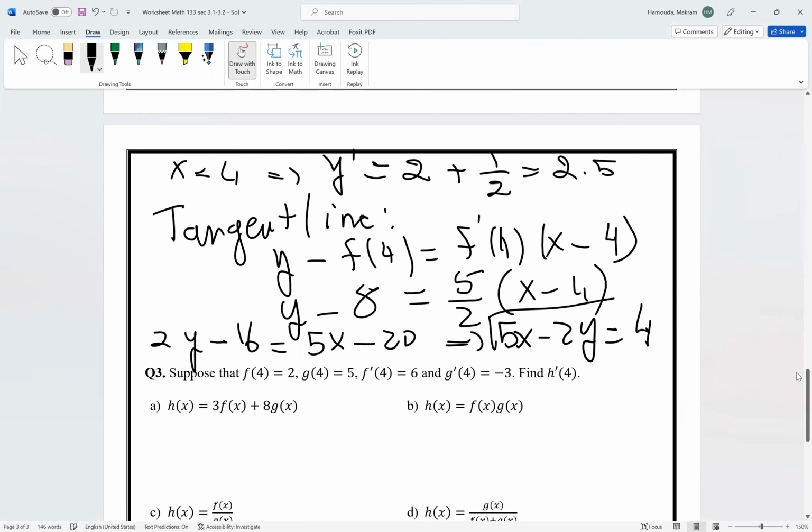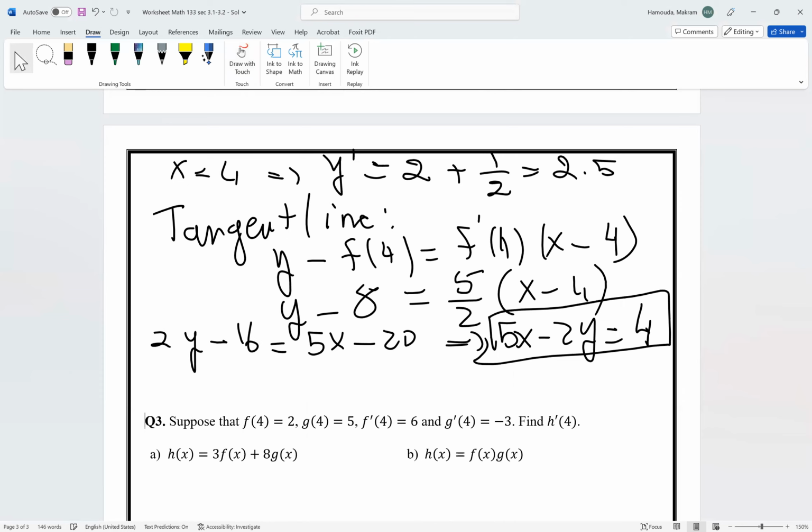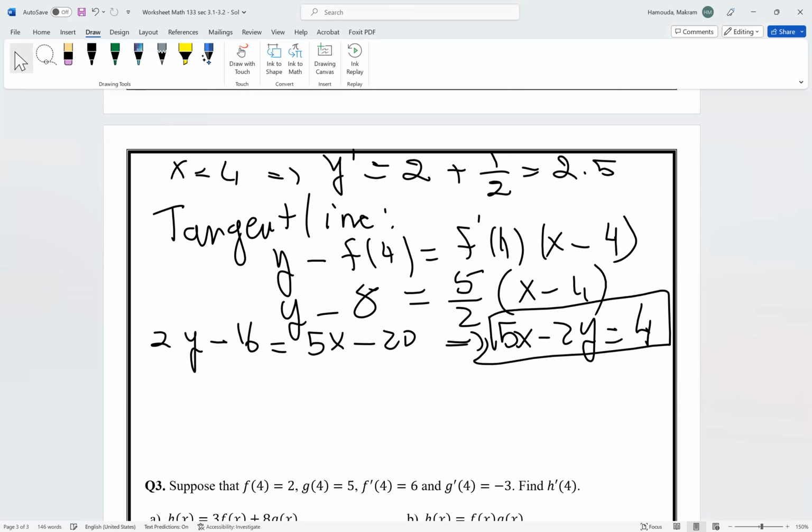That's the equation of the tangent line. By the way, here we can express also the tangent line in the slope-intercept form.